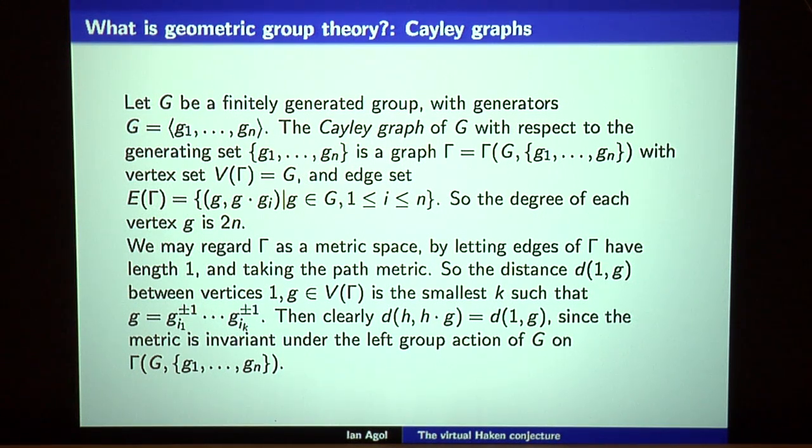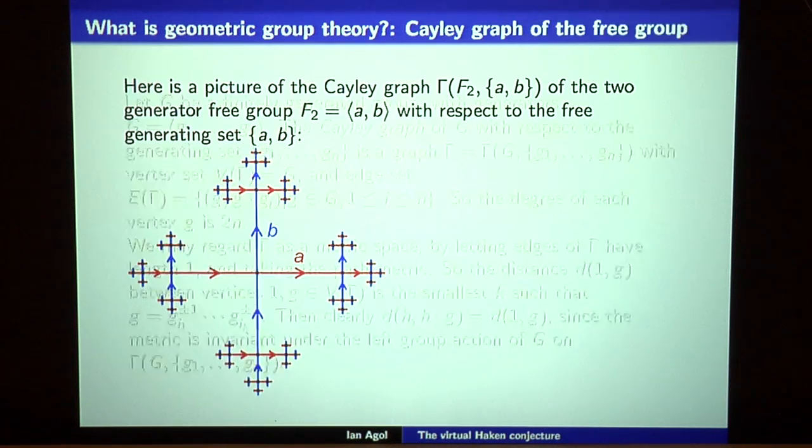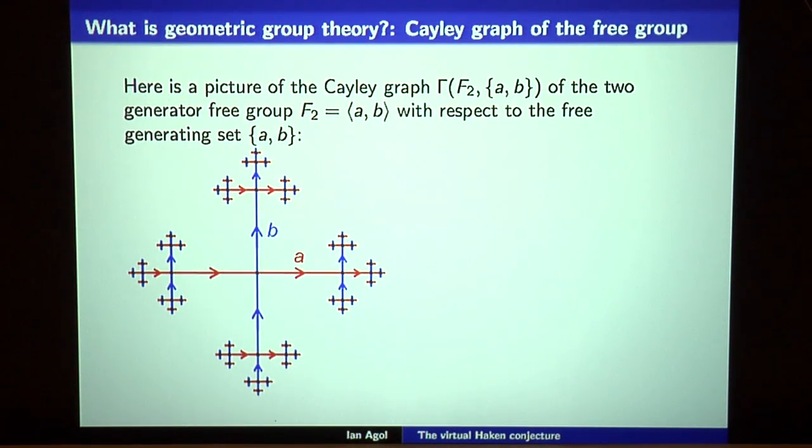So this metric is left invariant under the action of G. Here's an example of a Cayley graph of the free group on 2 generators. You get this infinite 4-valent tree with respect to the generating set a and b. So that's a classic example of a Cayley graph.